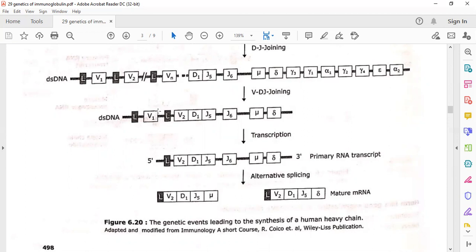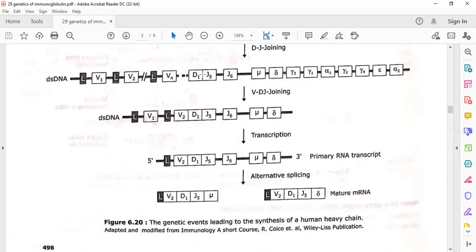Okay, this RSS molecule will bind here, and this molecule will make some cleavage here, which undergoes the cleavage of this V1 region and a cleavage between the V2 regions, and the V1 region will be removed.